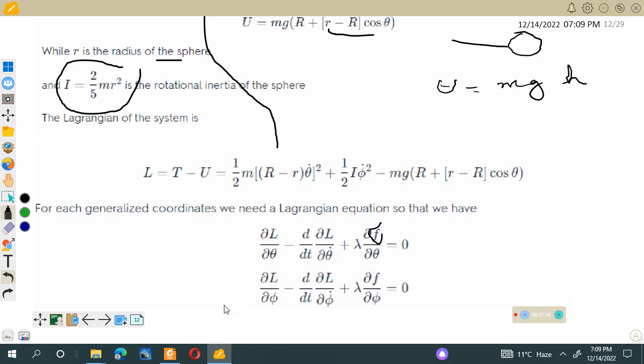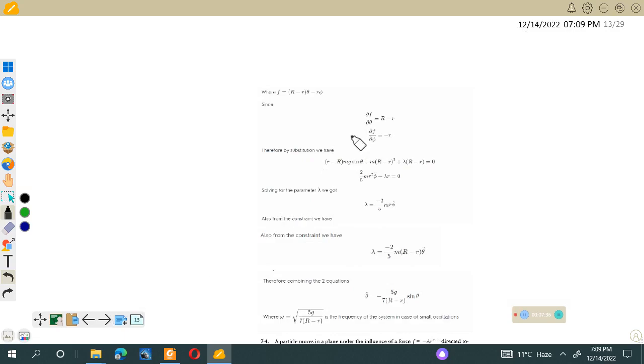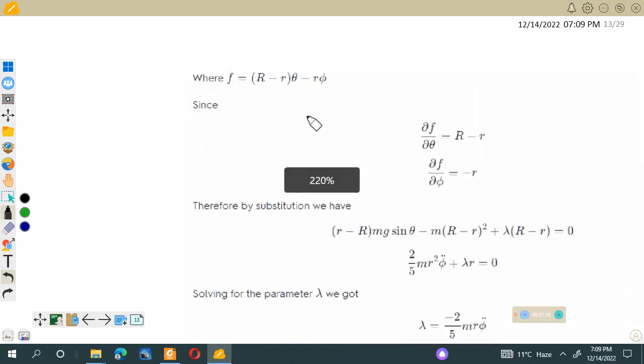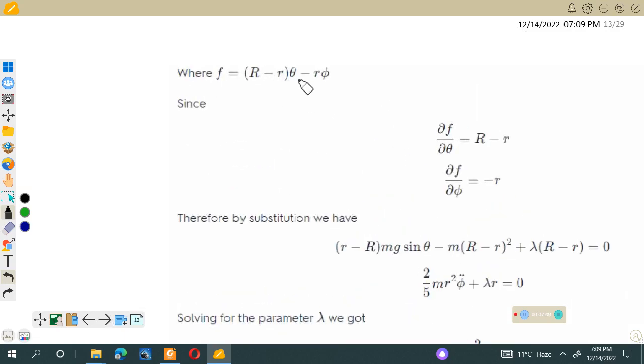We have already found this, and we will just put this. The Lagrangian is given, so we will put the Lagrangian here, and also at this point. I will take the derivative with respect to theta dot by the usual method of algebra, and then partial f over partial theta; we know f. This is the value of f, the equation of constraint: f is equal to R minus r theta minus r phi.